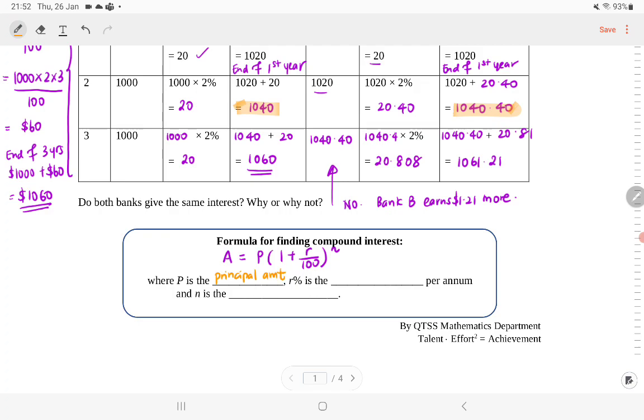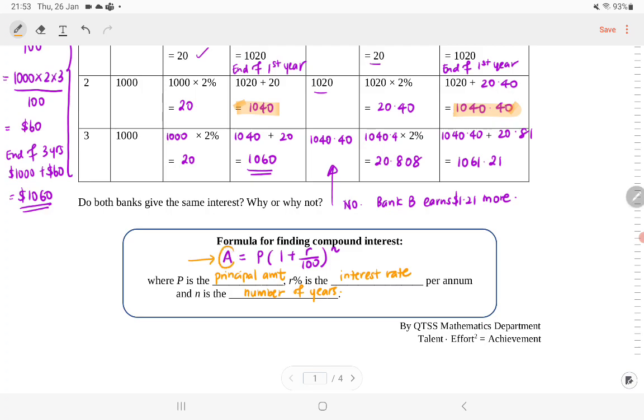R is the interest rate per annum, R percent. And N is the number of years. This formula, we will take it for compounded yearly. Of course, there are also banks that will compound monthly. We will see to that later on.